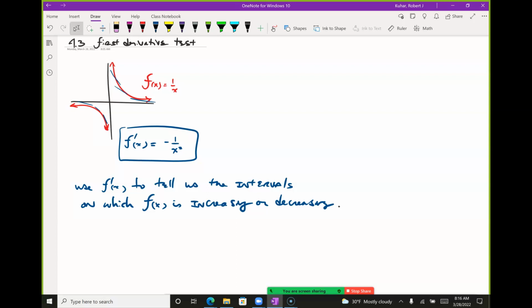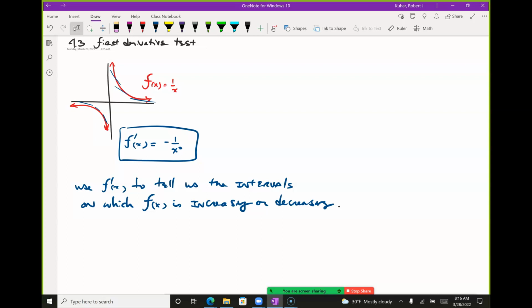Let's look at another one, because there's another aspect of the first derivative test. The first aspect of it is to explain where the function is increasing or decreasing based on the sign of the first derivative. So we're going to be doing a sign table.